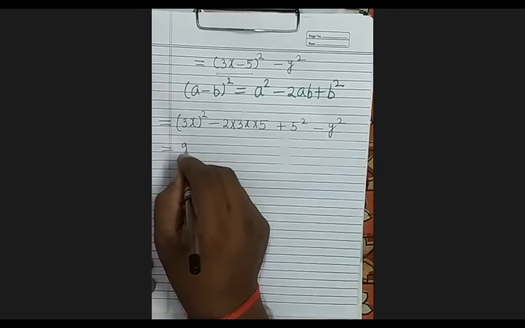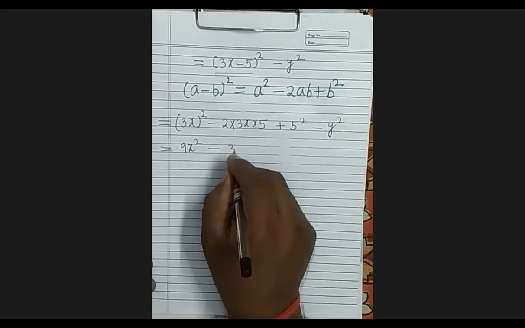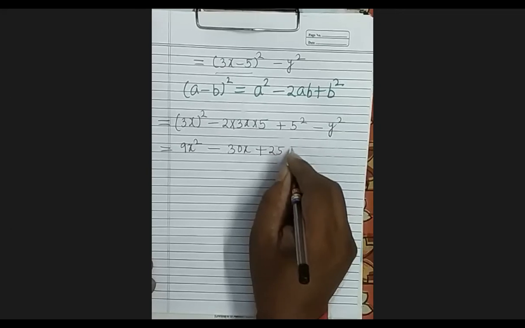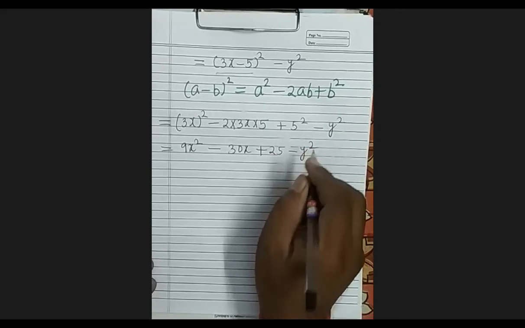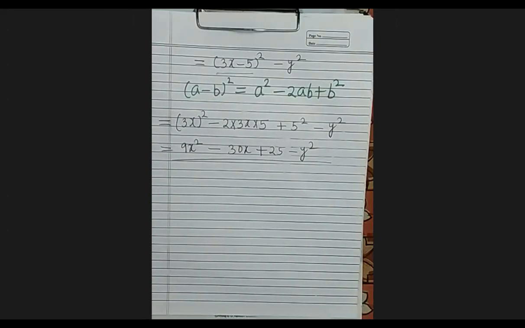Simplify: 9x square minus 30x plus 25 minus y square. This will be the answer. Is it clear?